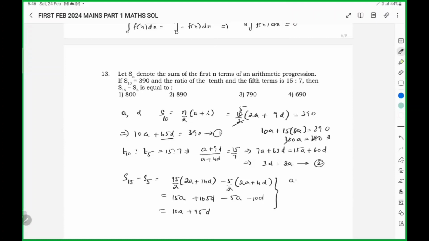A is 3 means substituting here, d will be 8. Here 30 plus 95 times 8. Which is 7.